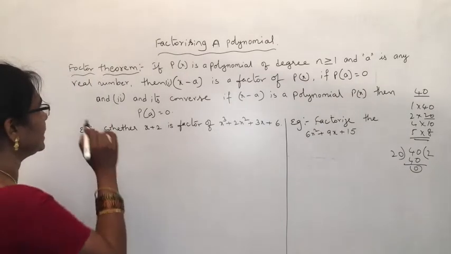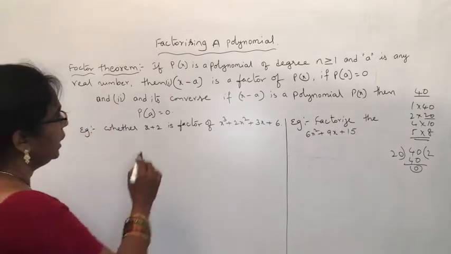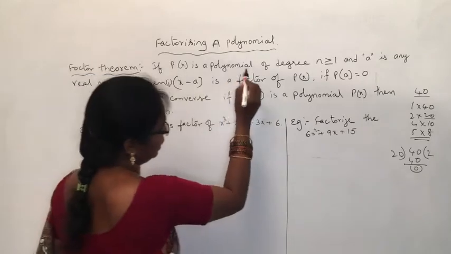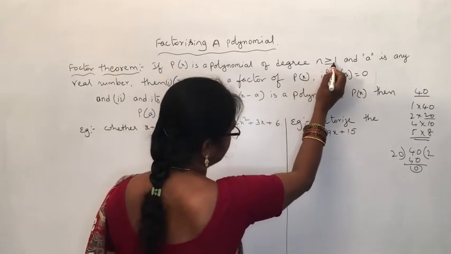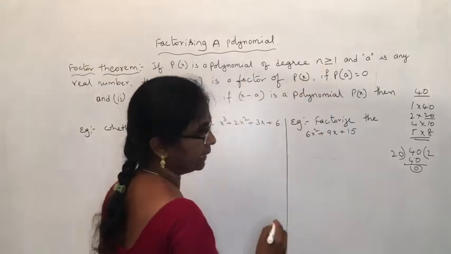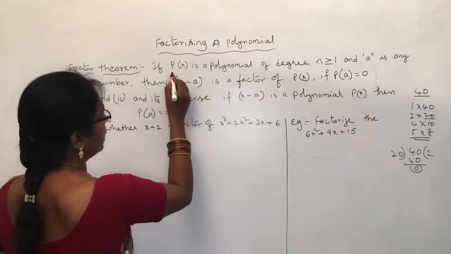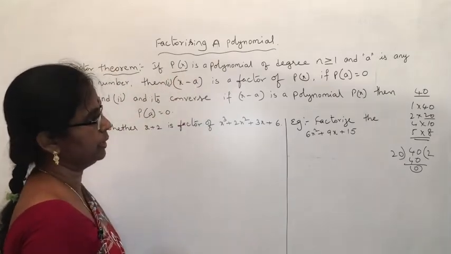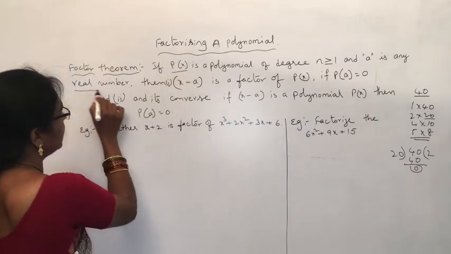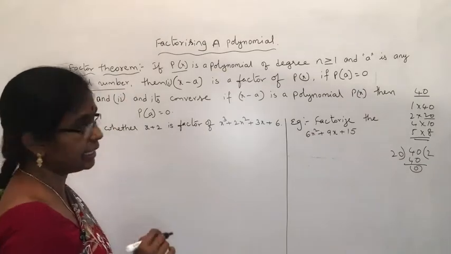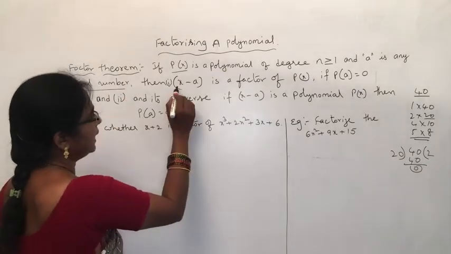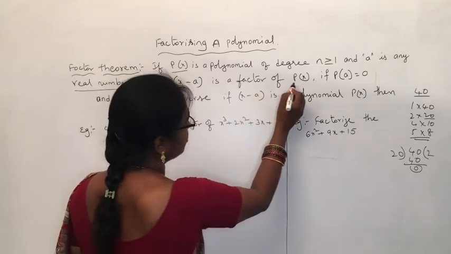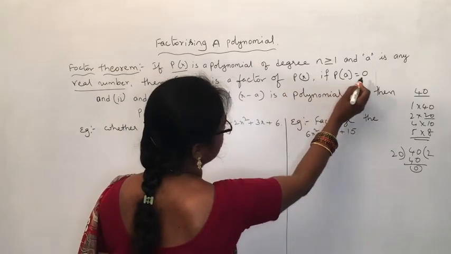For that there is a theorem, the factor theorem. If P of x is a polynomial of degree n greater than or equal to 1, and a is any real number, then x minus a is a factor of P of x if P of a is equal to 0.